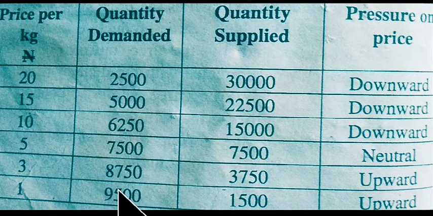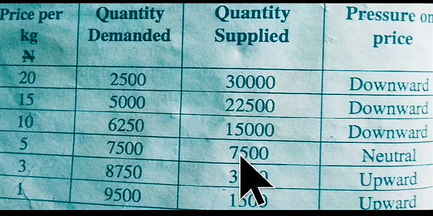From the schedule given here, the schedule above shows that equilibrium will occur at the price of 5 naira and the quantity of 7,500 kgs. Here, the quantity supplied equals the quantity demanded, that is 7,500 and 7,500.